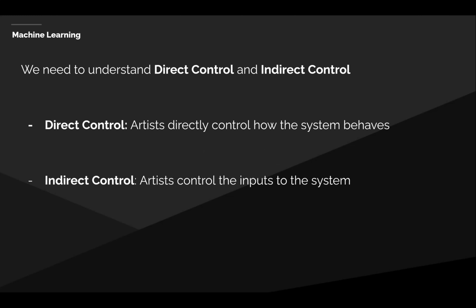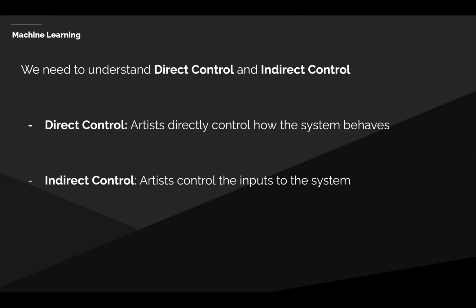So what I've been looking at over the last few years is this problem of control and how can we give animators better controls for these sorts of systems. And I think to understand the problem deeply, we need to understand the difference between direct and indirect control. So direct control is really like the artist directly controls how the system behaves.